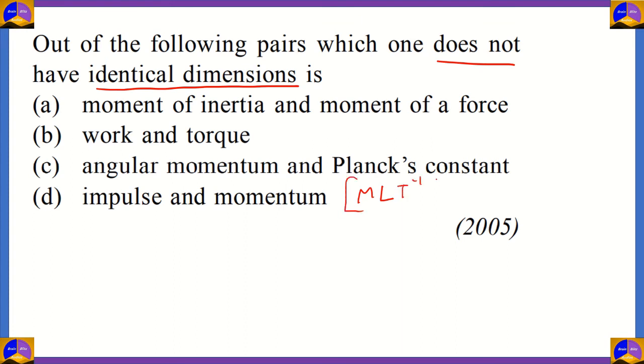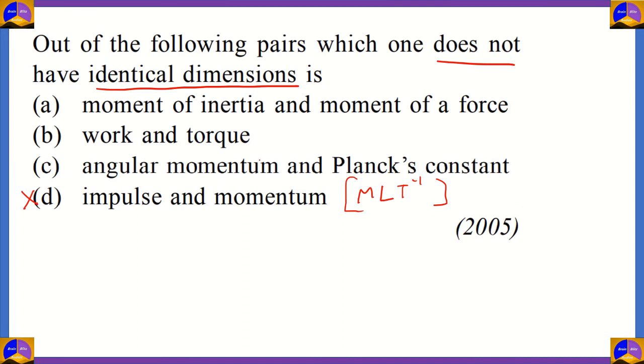Momentum is mass times velocity, so you get that dimension. And impulse is force into time, so ML T power minus 2 times T becomes MLT power minus 1. So both impulse and momentum have identical dimensions, so option D is incorrect.